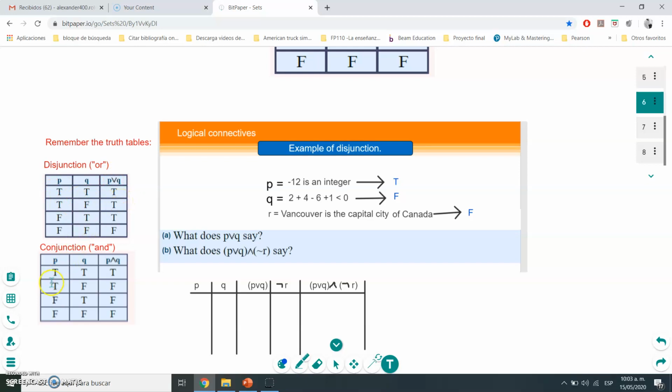Which is much different than when we have true and false with conjunction. In that case, we have false. Look that we have the V here. So true or false will be true. Okay, so the first one is true.